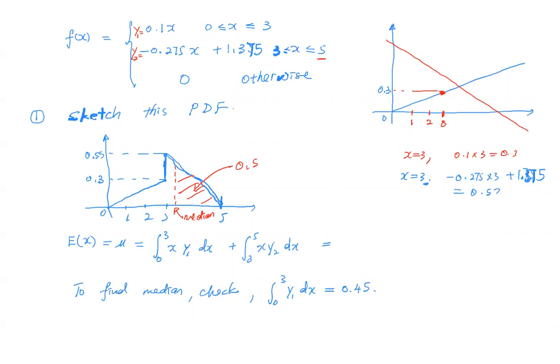So instead of 0 to the median, I can now say from median to 5, y2 dx must be equal to 0.5. Then I use my solver and get the answer. Can you please now use your solver and get the answer? Median is a bit tricky if you got more than 2 pieces of function.